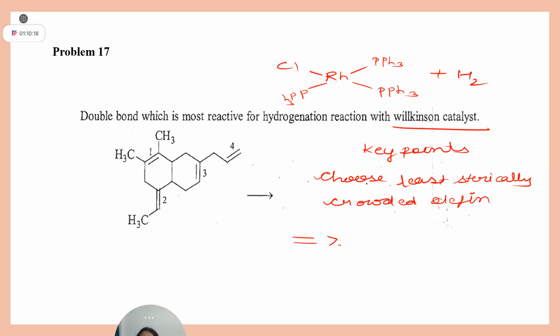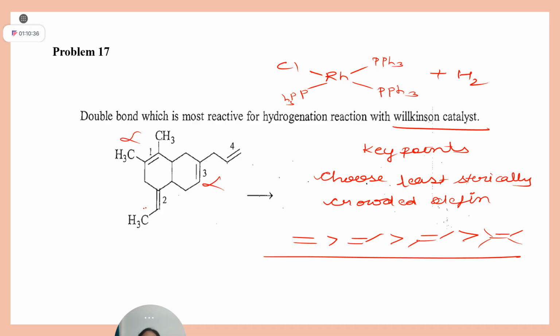So basically, this olefin will be more reactive than this. This should be your order. So clearly, by looking at this, this is deleted. Among four and three, this is more sterically accessible, or least sterically crowded. Basically, terminal olefins have more reactivity for reduction. So the correct answer is 4.